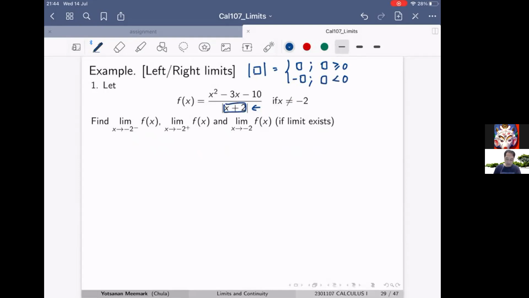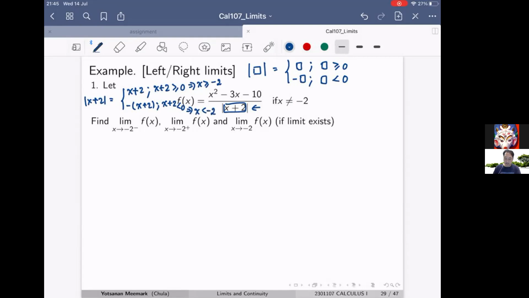So let's see, it means that your absolute value of x plus 2 will be the x plus 2, the box itself, if your x plus 2 is positive, and a negative of x plus 2 if this one is negative, right? So this one will be greater than or equal to negative 2, but this one will be less than negative 2.